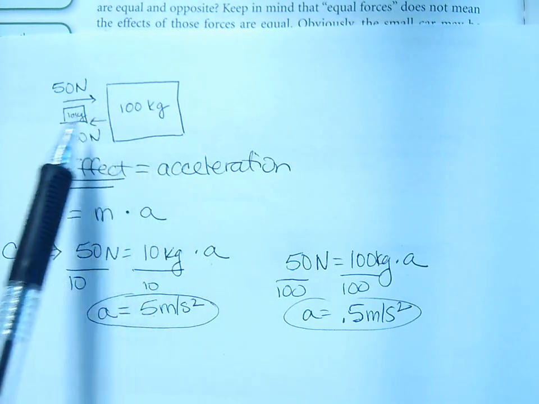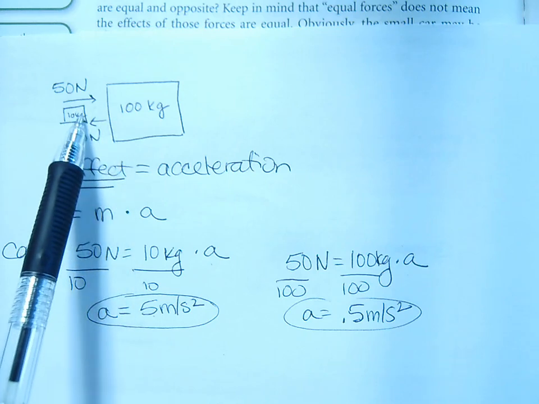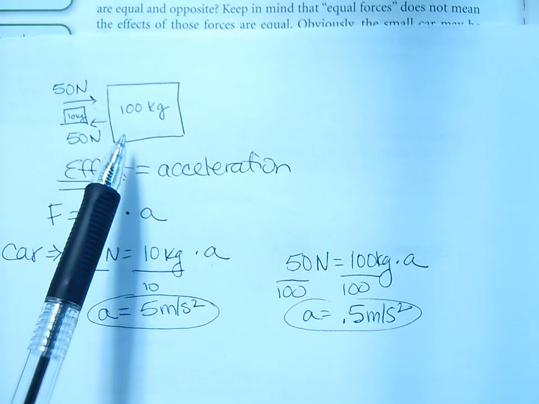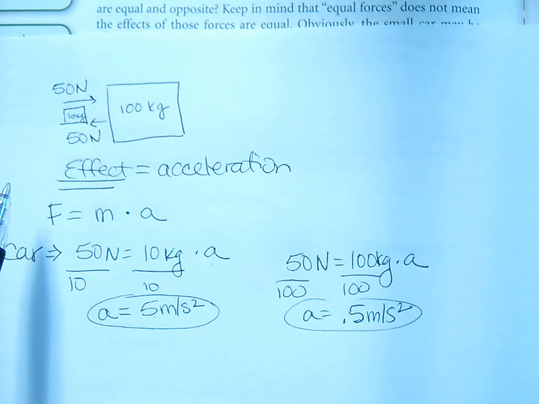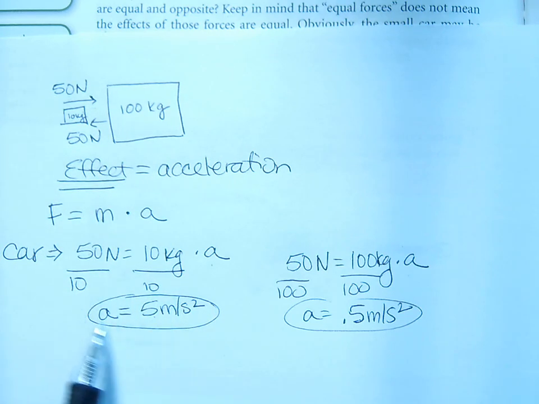Okay, so now let's go back and see how this plays out. These two cars collide with each other. As they come in contact with each other, the little car applies 50 newtons of force to the big car, and the big car applies 50 newtons of force back to the little car. Here's the effect. The little car will accelerate at 5 meters per second squared.